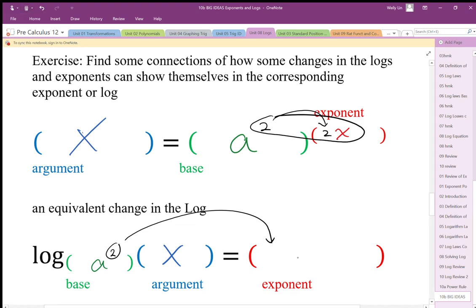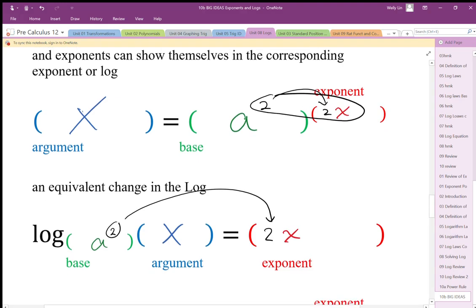So we end up with 2 to the power of 2x. The exponent becomes 2x, so the log equals 2x. So there are these multiple transformations that can be useful, and we can use these to help us manipulate logs in exponent forms.